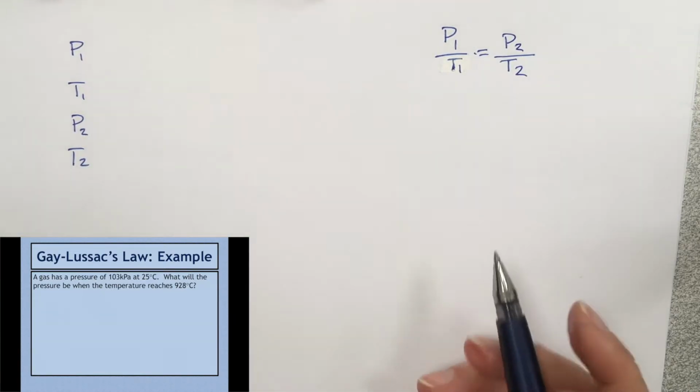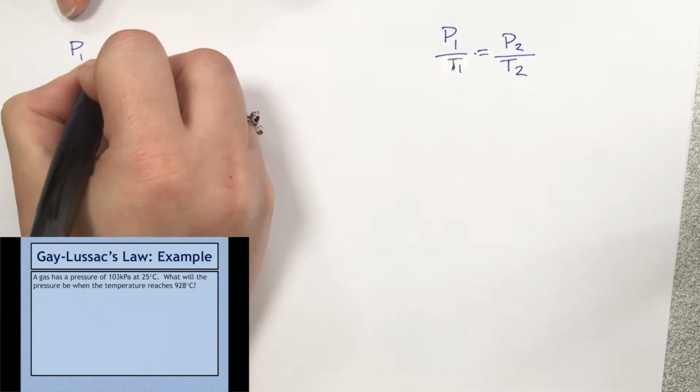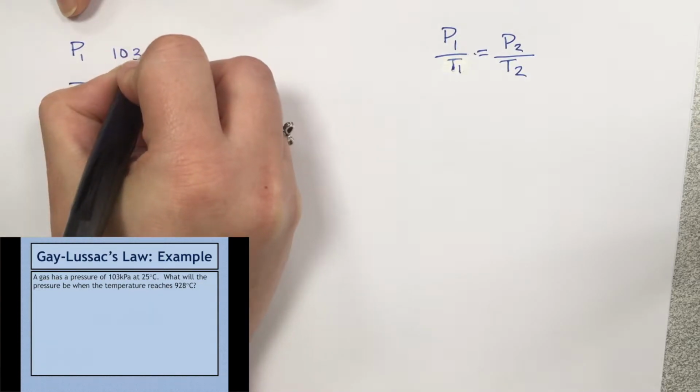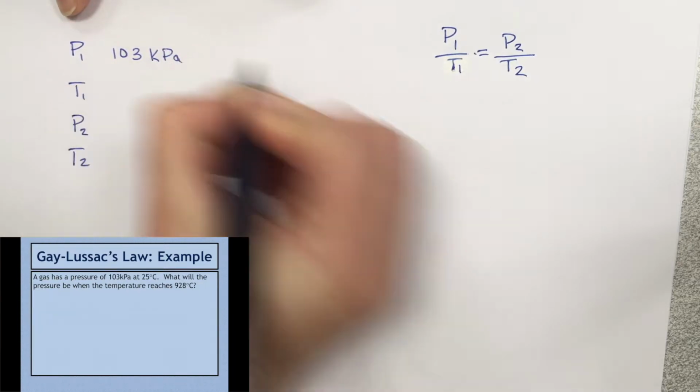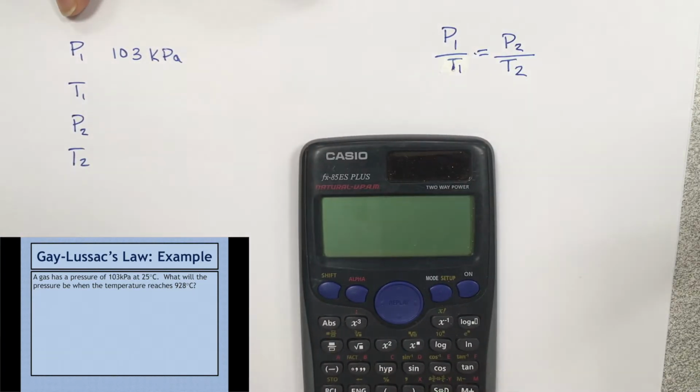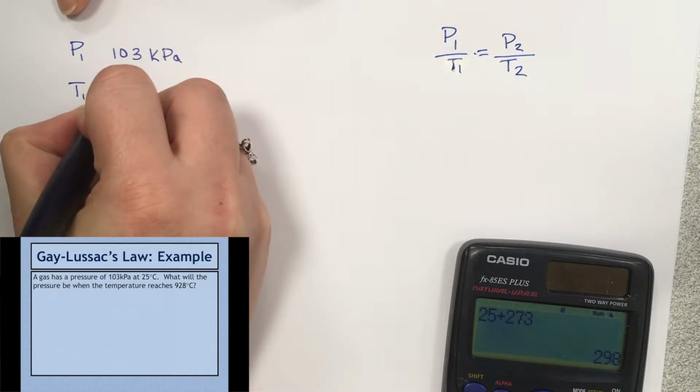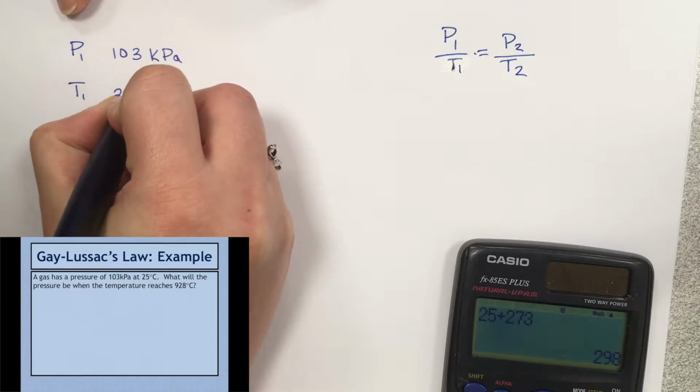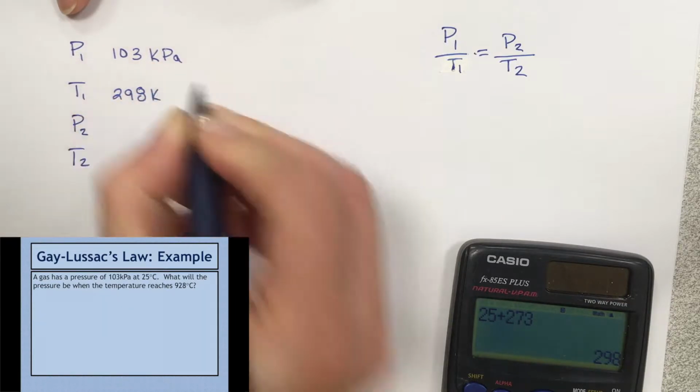The initial pressure is 103 kilopascals, and the initial temperature is 25 degrees Celsius. To convert Celsius to Kelvin, all you have to do is add 273, so 25 plus 273 is 298. Initial temperature, 298 Kelvin.